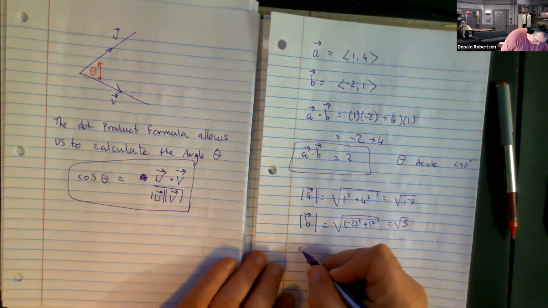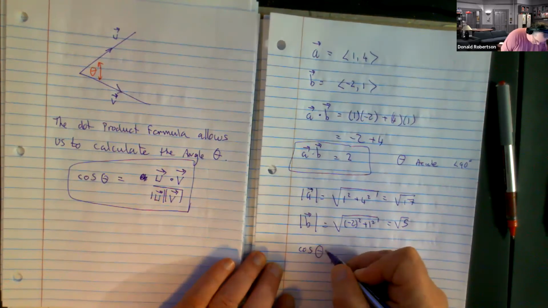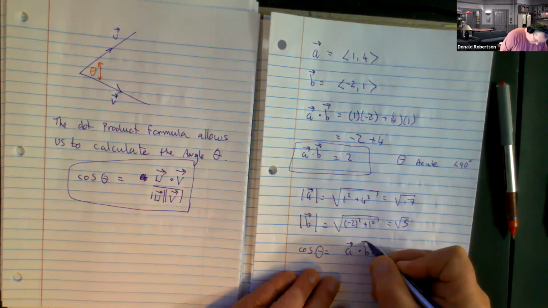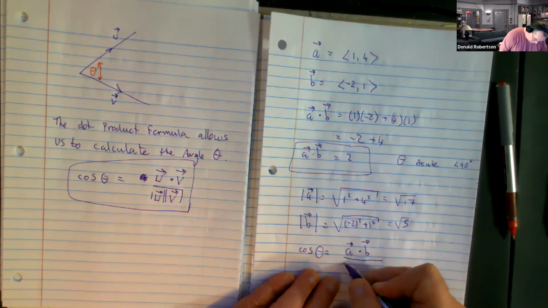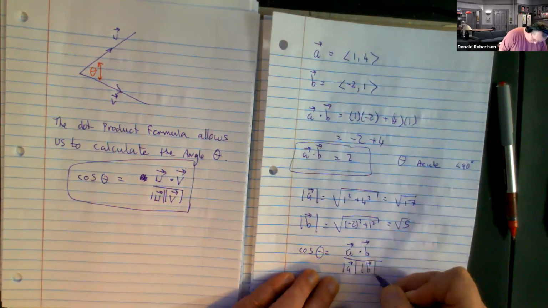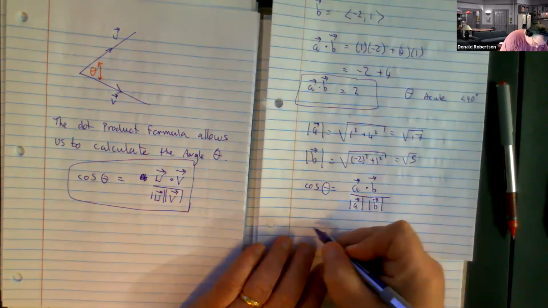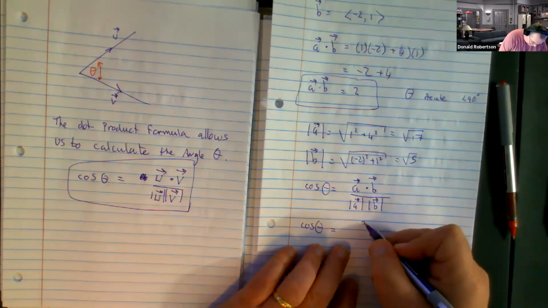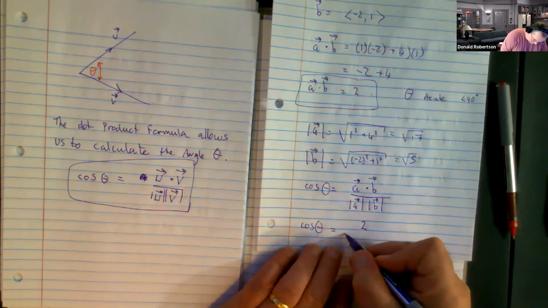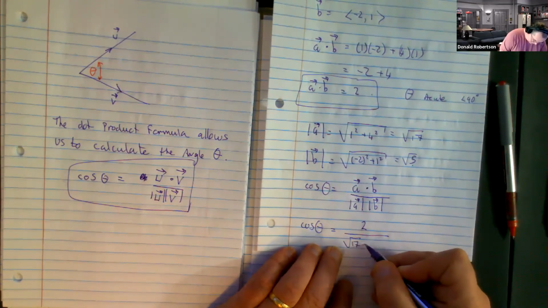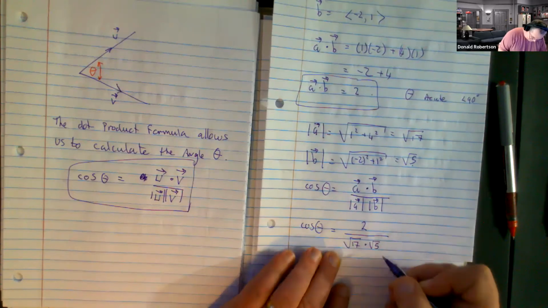So the cosine of theta is, in this case, the vectors are called A and B, so it's A dot B over the magnitude of A times the magnitude of B. And that gives us that the cosine of theta should be 2, that's a dot product, divided by this guy times that guy.